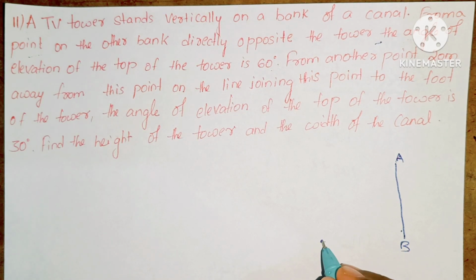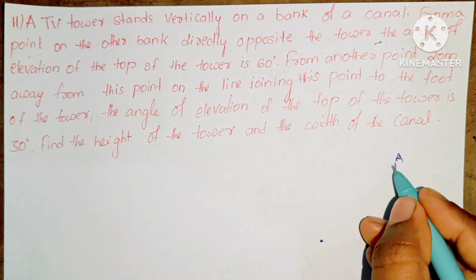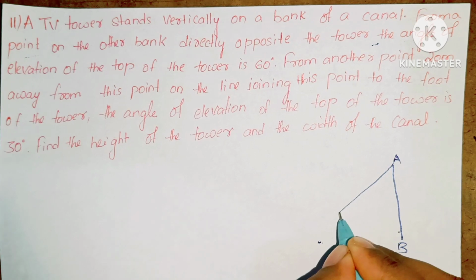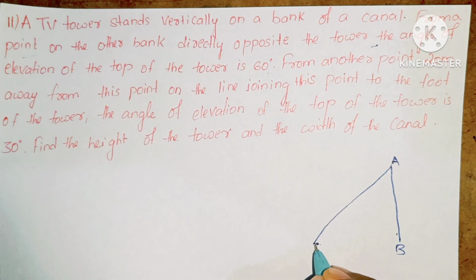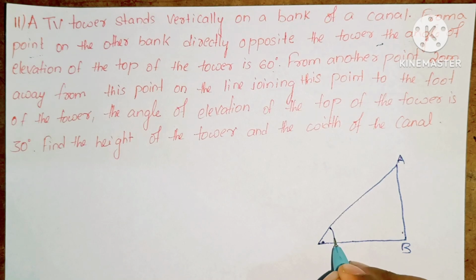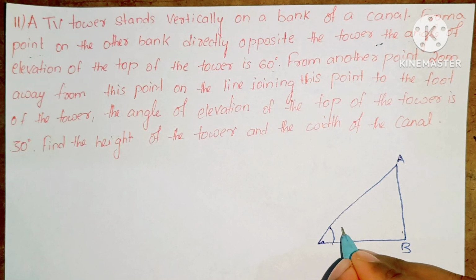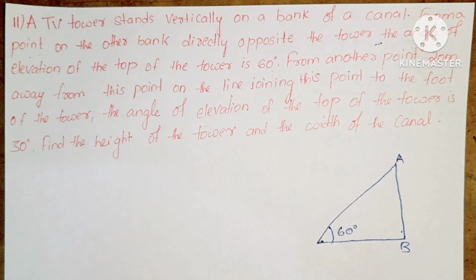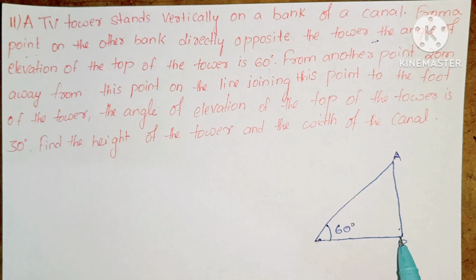So from here, when you see the top of the tower, how much angle did you get from the foot of the perpendicular? 60 degrees. Okay. So I drew the foot of the perpendicular. This one is nothing but the distance between this bank and this tower.